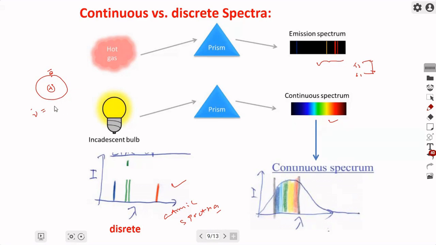It's basically v by 2 pi r, velocity divided by 2 pi r.